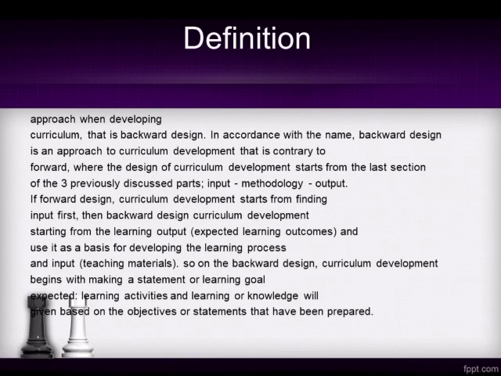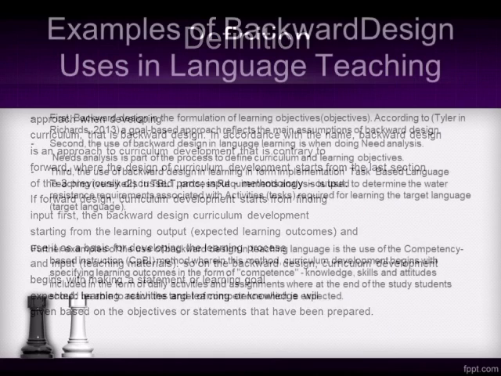So backward design curriculum development begins with making a statement of learning goals, expanded learning activity, and learning or knowledge to be learned based on the objective or statement that has been prepared.